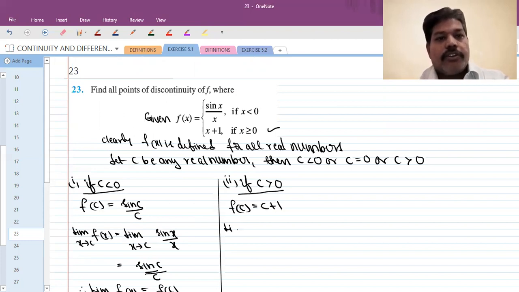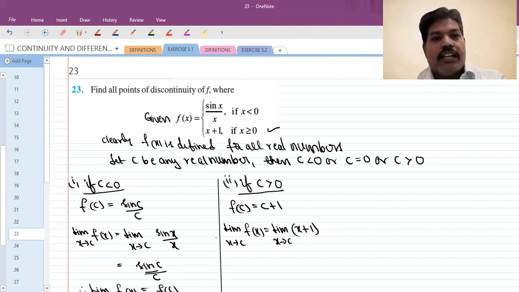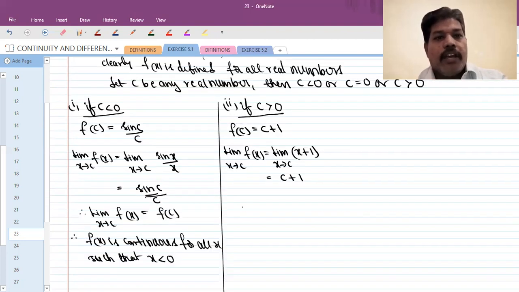Therefore, the limit as x tends to c of f of x becomes the limit of x plus 1, because c is greater than 0. If you apply the limit, that is equal to c plus 1. So we can conclude that the limit as x tends to c of f of x is f of c.